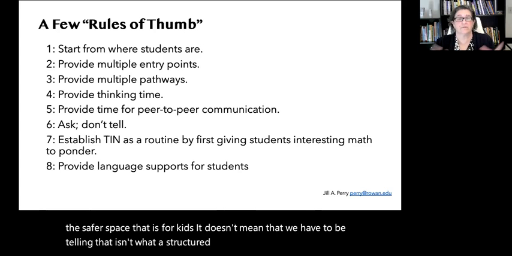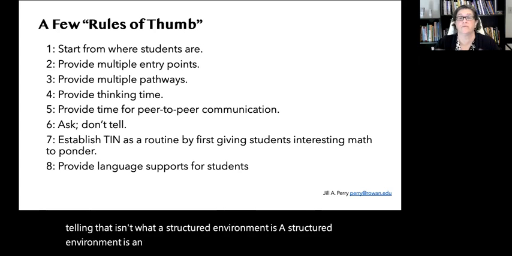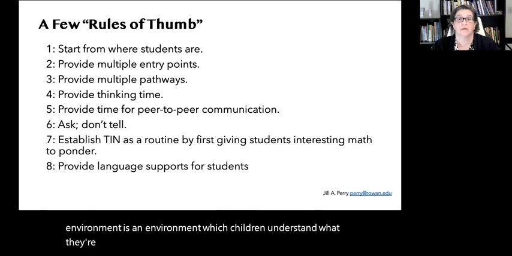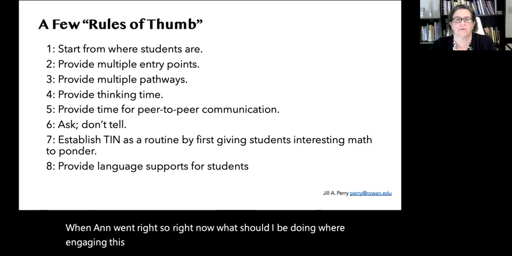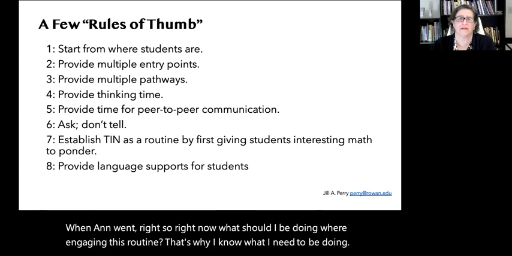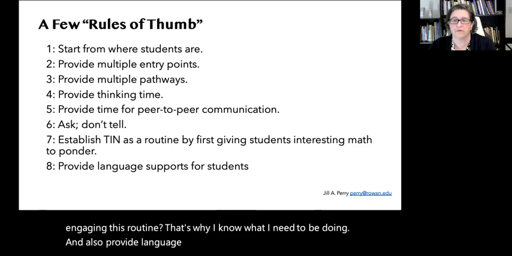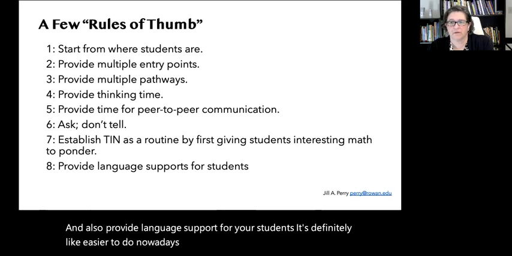A structured environment is an environment in which children understand what they're supposed to be doing, when, right? So right now, what should I be doing? Oh, we're engaging this routine. That's what I know I need to be doing. And also provide language supports for your students. It's definitely easier to do nowadays than it used to be.